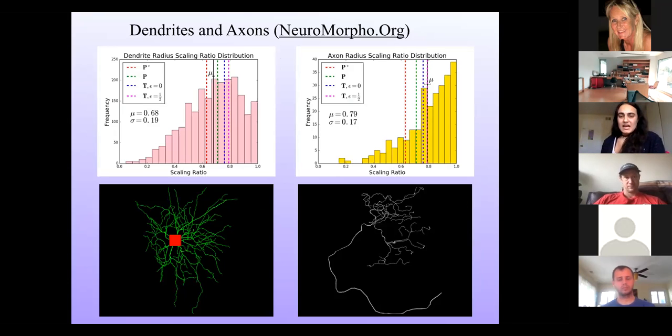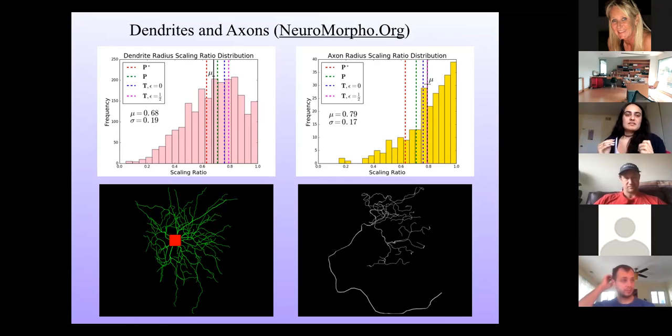So now we wanted to compare these theoretical predictions to data. So I got this data from a public online database called neuromorpho.org. And here it has a range of reconstructions from neuron images from a range of different species and cell types.